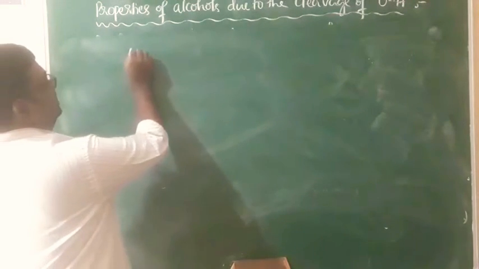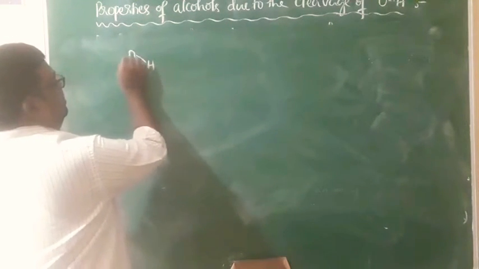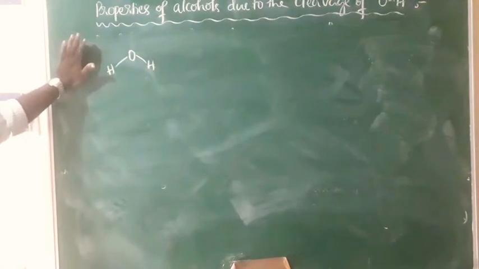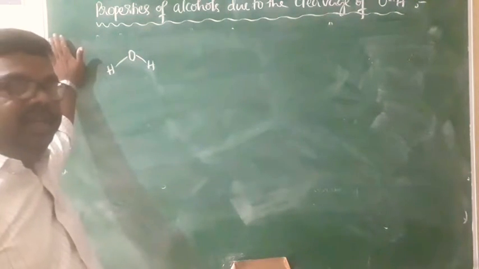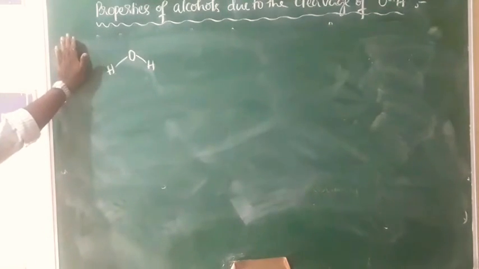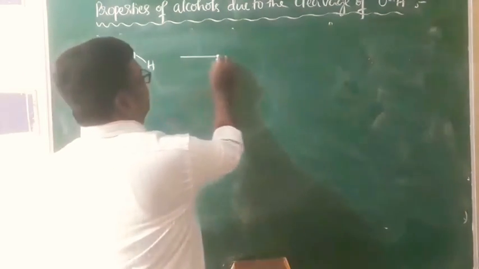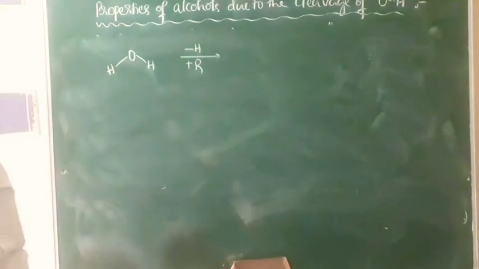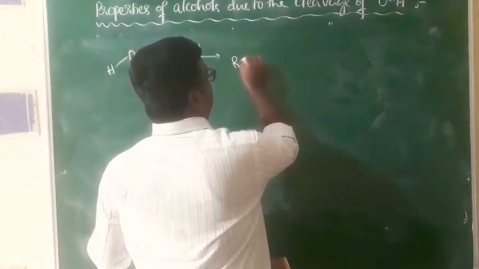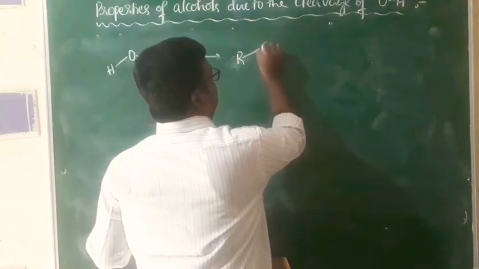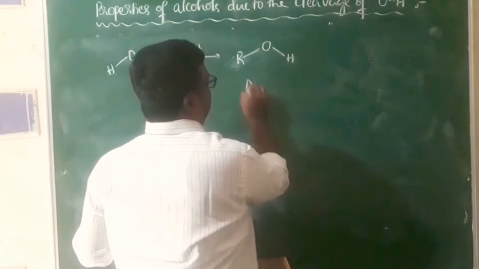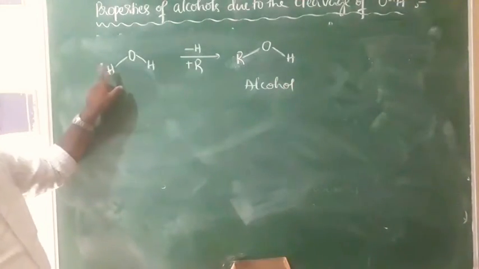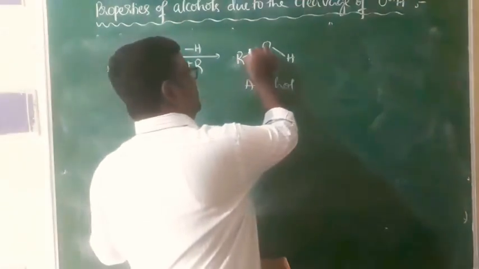You know water is generally amphoteric. It acts as an acid as well as a base, because it has the ability to donate H plus ions to other substances. If one hydrogen is replaced by an R group, which is an electron releasing group, then it is R-OH, an alcohol. One hydrogen is replaced by R, which is electron releasing.